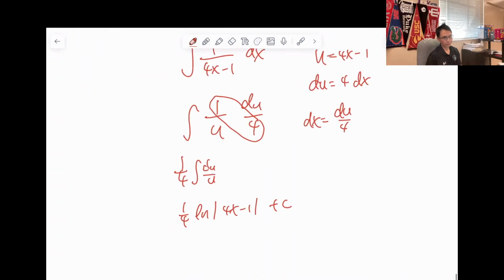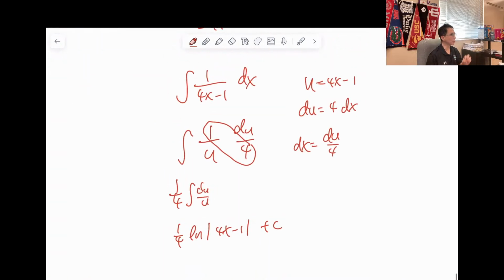That's why there's a small difference. Anything not x is u. Kind of confusing. Anything not x is u. x plus 1 is u. x minus 1 is u. 1 minus x is u.